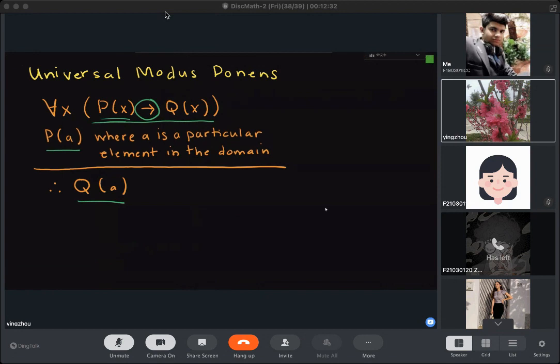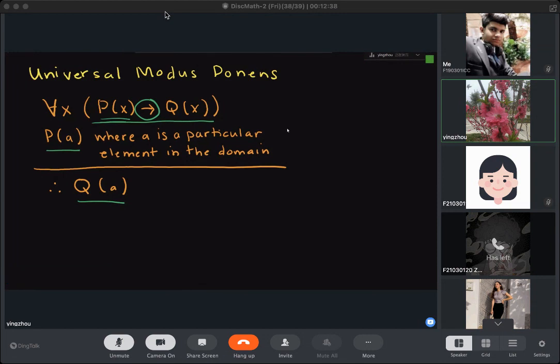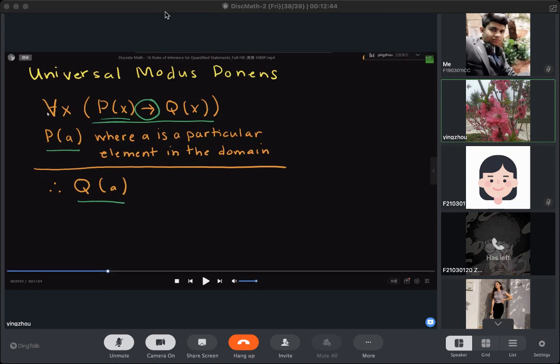So for this universal modus ponens, these rules can also be easy to implement from the previous rules. Because we know that for all x, if P(x) then Q(x), then we just use UI, universal instantiation. Then for the special a we have if P(a) then Q(a).